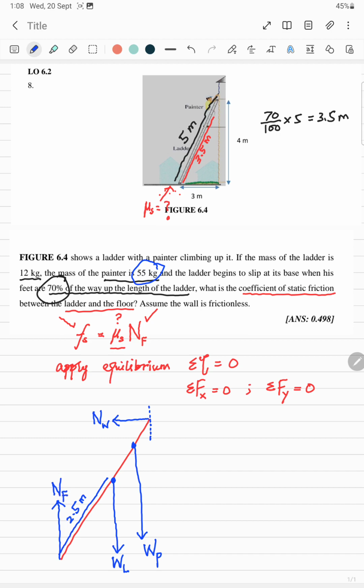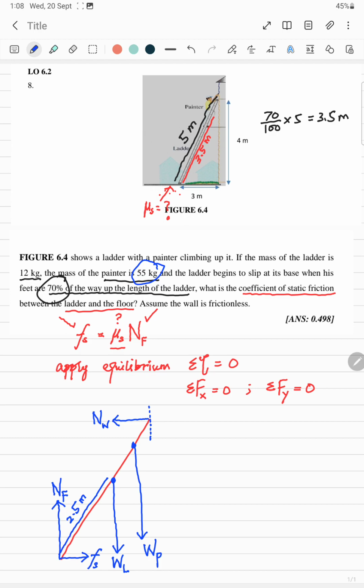Then we are going to have the friction force, and this friction force will be acting towards the right, Fs. So this will be 1, 2, 3, 4, 5 forces acting on the ladder. After we complete the free body diagram, we can start to solve our question.